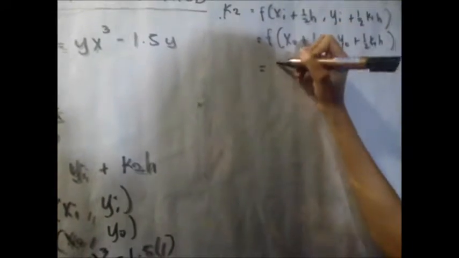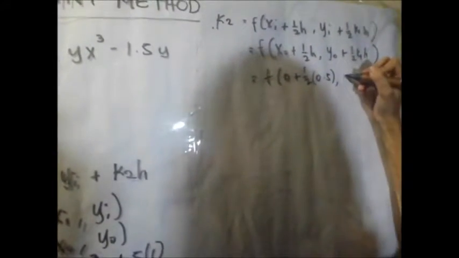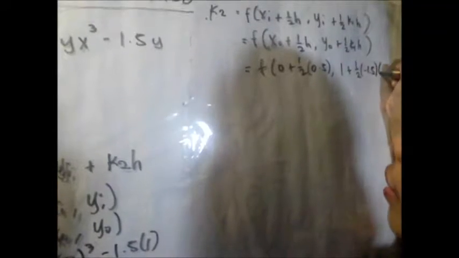So, again, substitute the value. So, we have 0 plus 1 half, and the value of h, or the step size, is 0.5. So, we have 0.5, comma, y sub 0 is 1 plus 1 half, and the value of k1 is negative 1.5. The h again is 0.5.